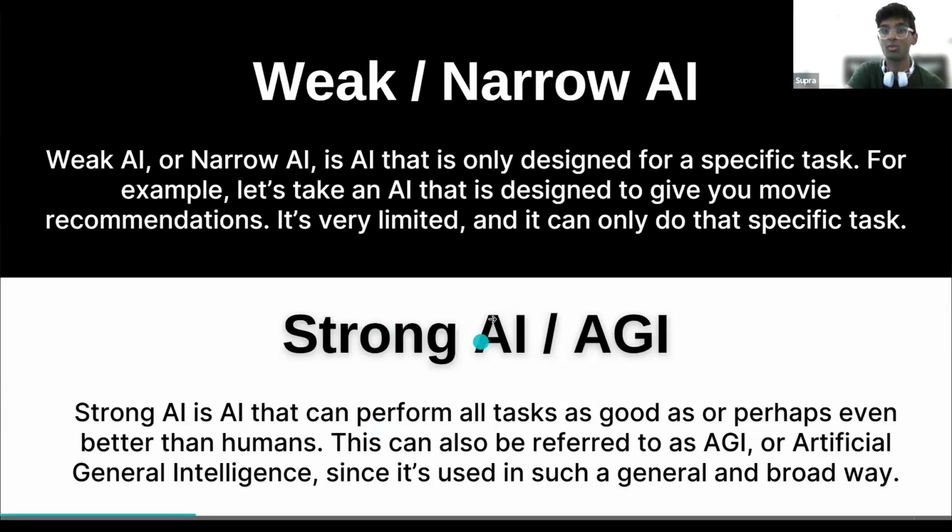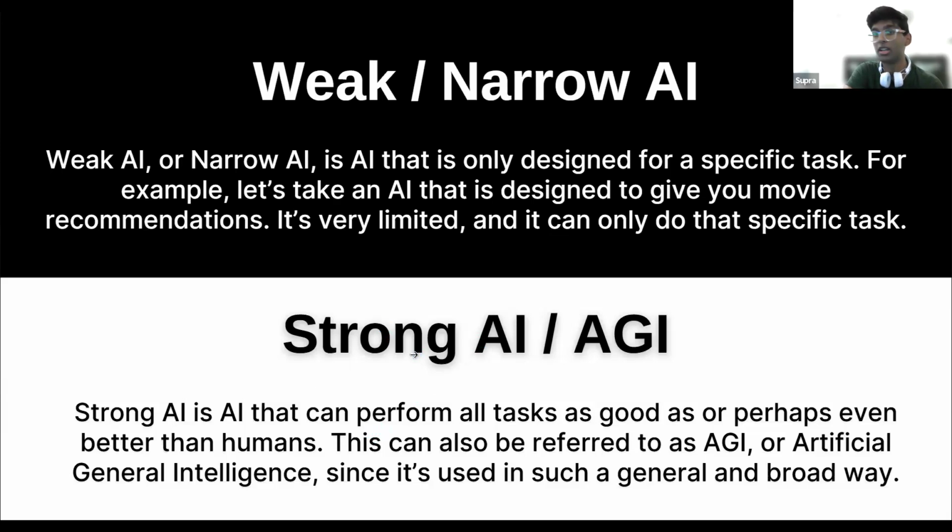So strong AI is what we want right now. Even AIs like ChatGPT are not necessarily strong AI. Humans can still do quite a lot of things better than ChatGPT. But ChatGPT is at least a semi-strong AI because it can do a lot of tasks, but not all of them. So this is what the purpose of AI is, and they're planning to make this soon.